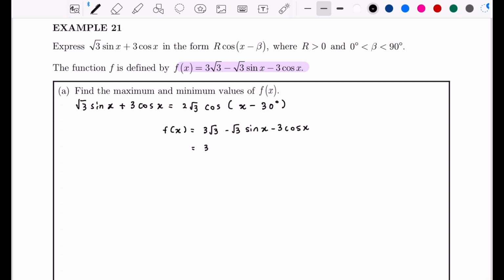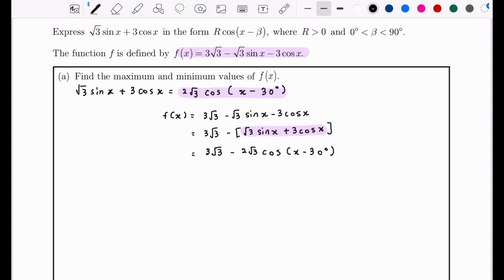Factorize negative, and we can see that we have √3 sin x plus 3 cos x. And this expression has been expressed as 2√3 cos(x minus 30). So rewrite it as 3√3 minus 2√3 cos(x minus 30).